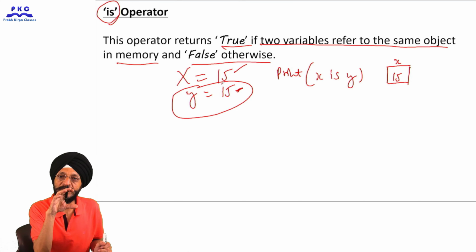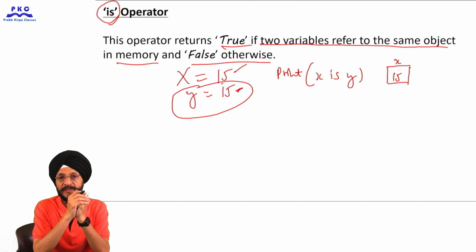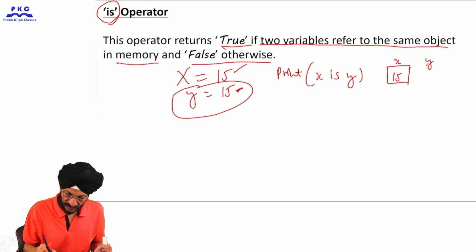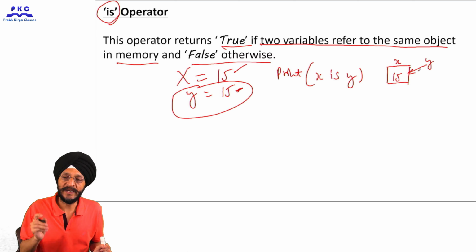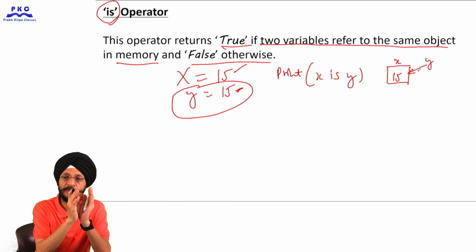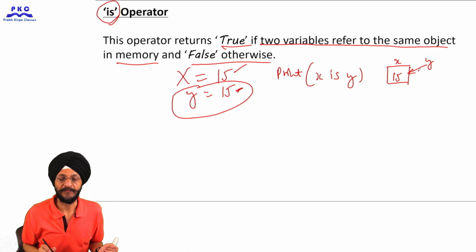It has the same value and same data type. Now this is the variable y, and the y will also refer to the same object in memory. That is, the memory location of the object in case of x and y will be the same.